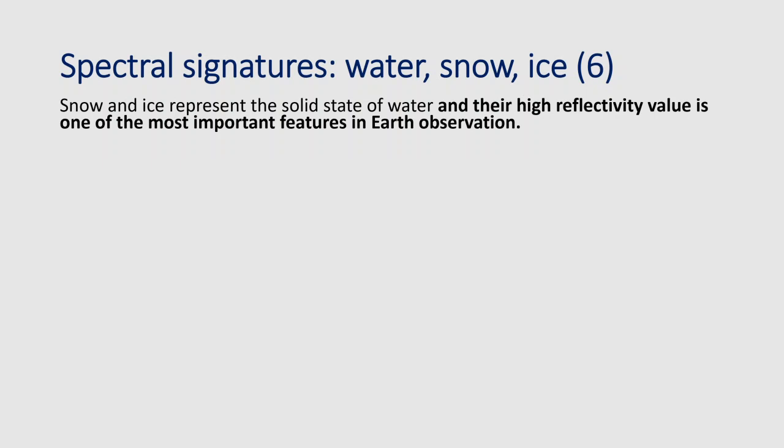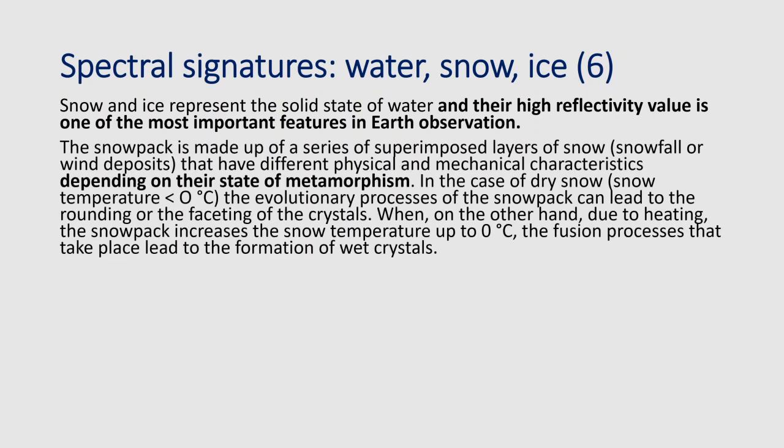You know that water is representing most of the Earth's surface in the liquid state, that is the main surface that we have on the Earth's surface, but snow is also very represented, especially in the very high and very low latitudes, considering, for example, the poles. And so it's very important for Earth observation.